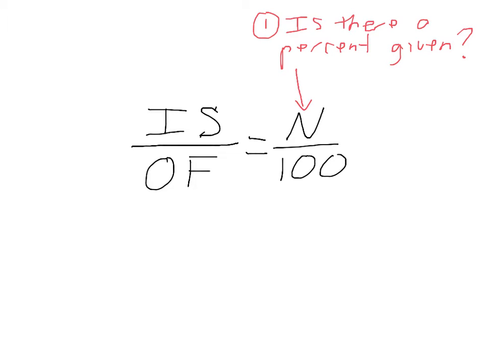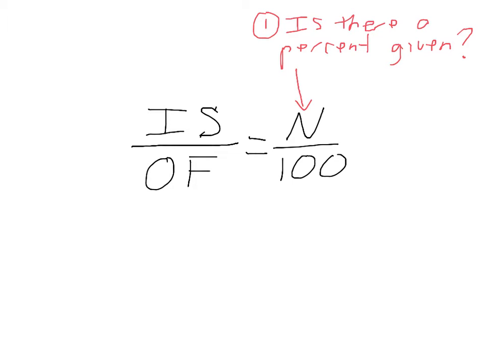Is there a percent given? When you look at the problem, if a percent is given, you're going to write it where there's an N. What if there's no percent given? What are you going to do? Leave it as N. You could leave it as N, or what I like to do, to kind of say there was no percent there, put an X. I put an X.